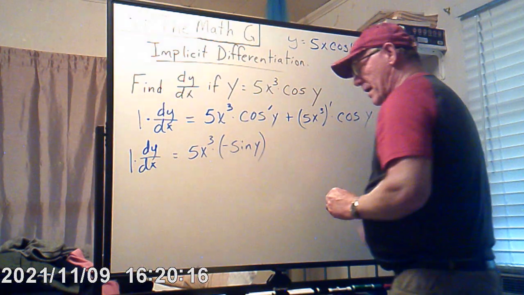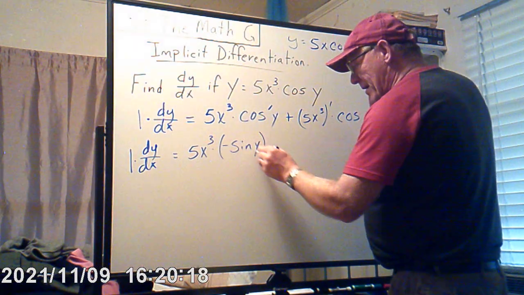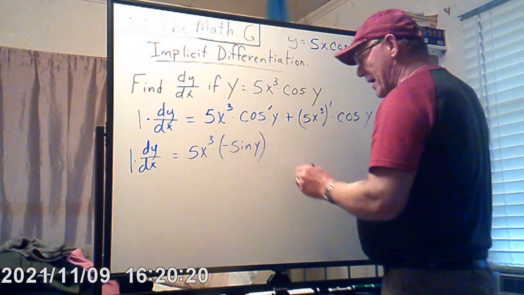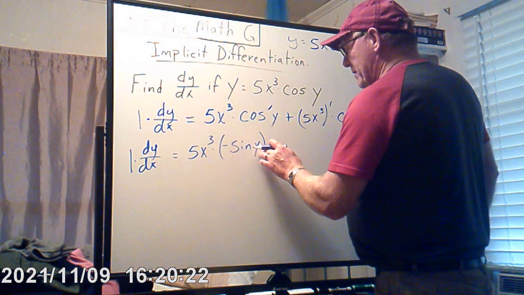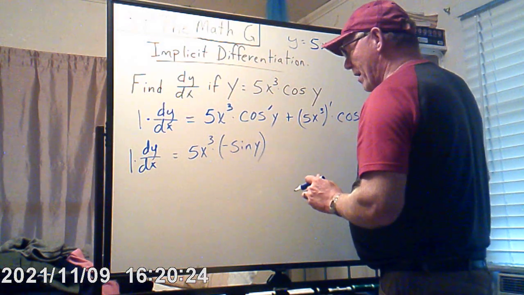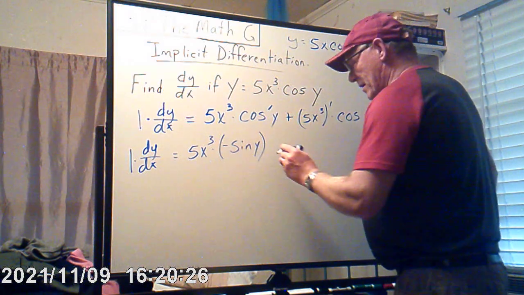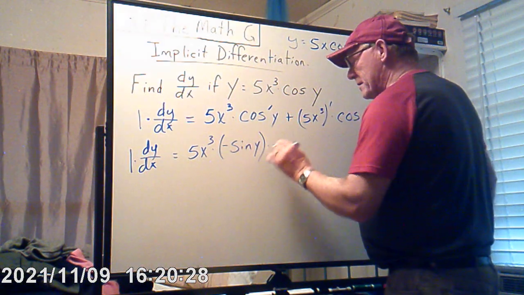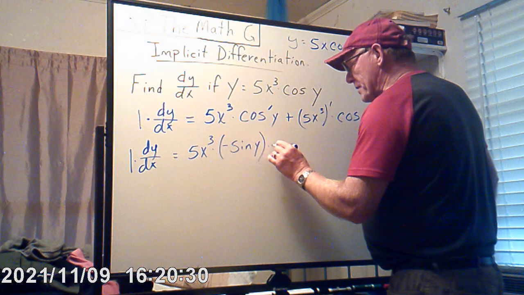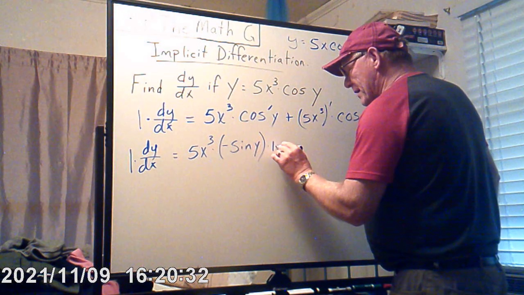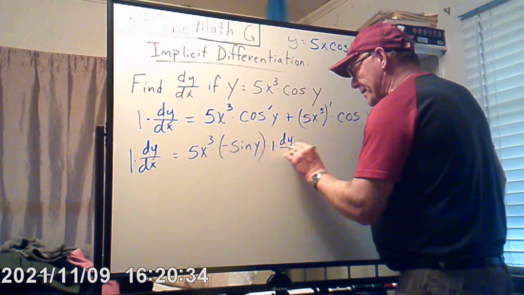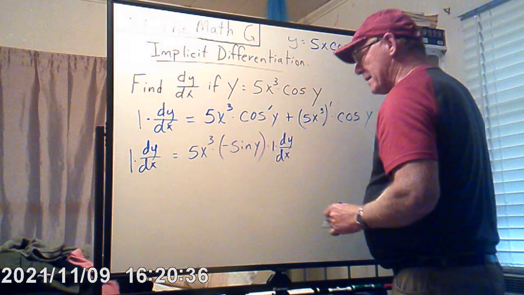And of course, now doing the chain rule, we have to take the derivative of y, which is times 1 times dy over dx.